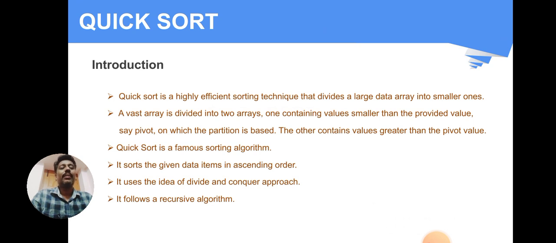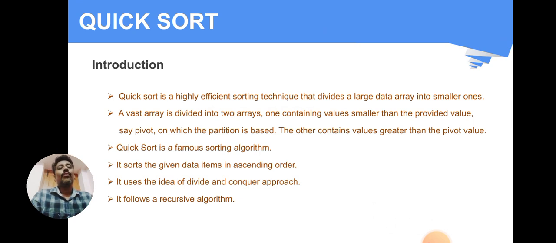Suppose I am choosing one value from the array elements, like 25, that is treated as the pivot value. The pivot value is placed in one position in your array in ascending order.